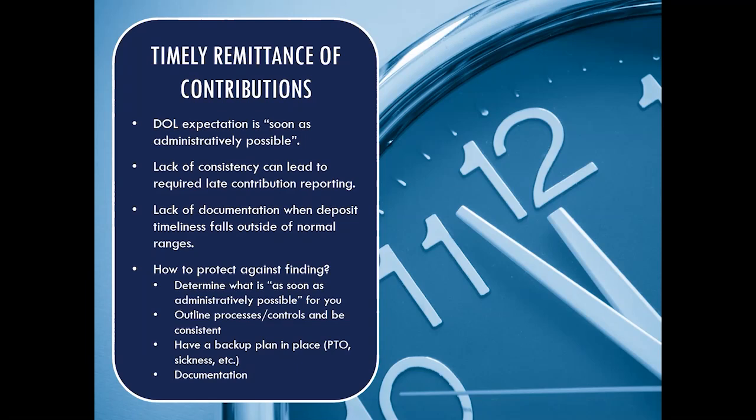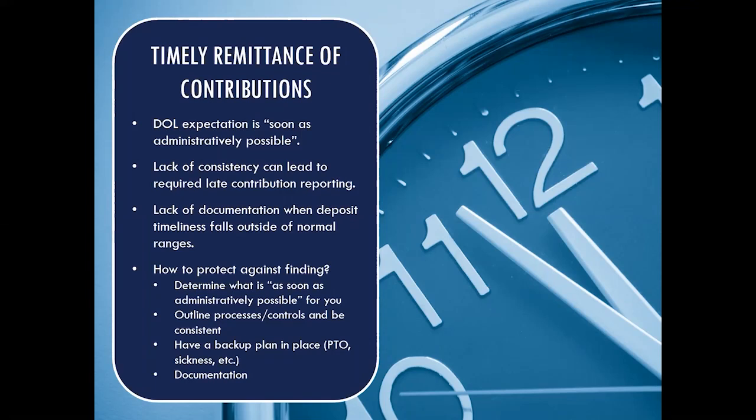There is a misperception that there is a safe harbor provision out there. There really is not a black and white number like 5 days or 10 days or 15 days, but rather it's as soon as administratively possible, and it's important that you are consistent with that trend and how long it takes you to remit those contributions.